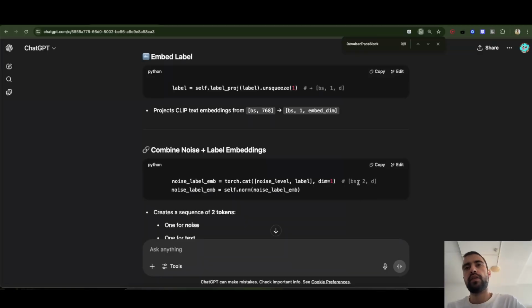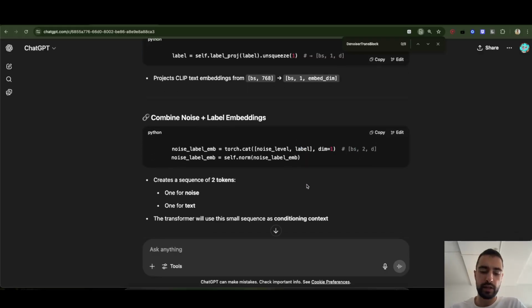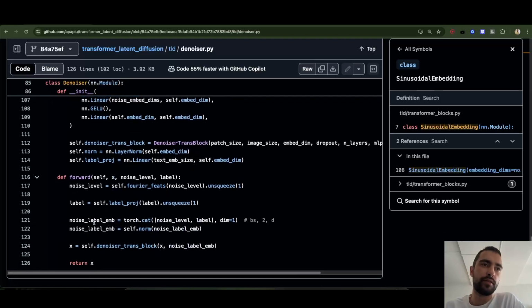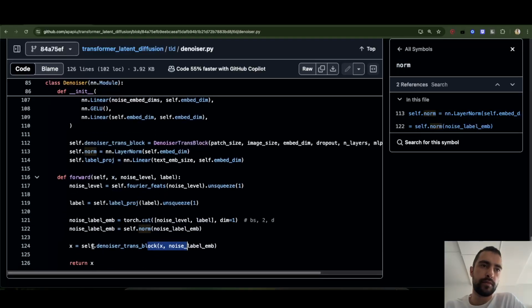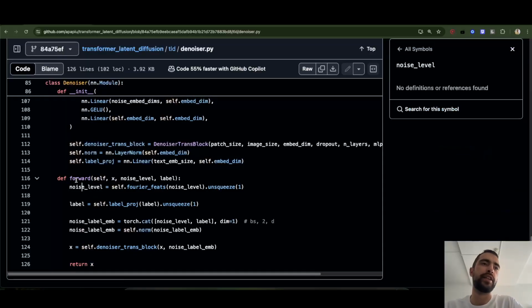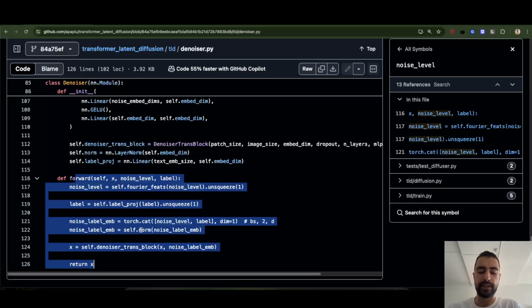We will basically group them together. We will just have the noise embedding and label embedding next to each other for each batch. So that's it. I think now we understand this denoiser as well. It will just return X after it has done this forward pass.